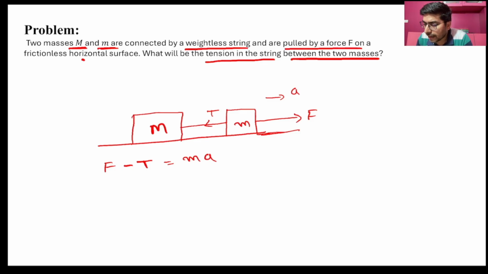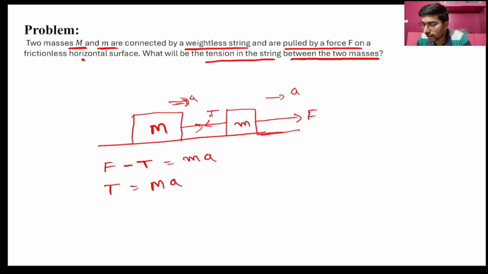Now for capital M, because the string is inextensible and not going to increase in length, capital M also moves with acceleration a, and this acceleration is produced by the tension force. So we can write T is equal to capital M into a.